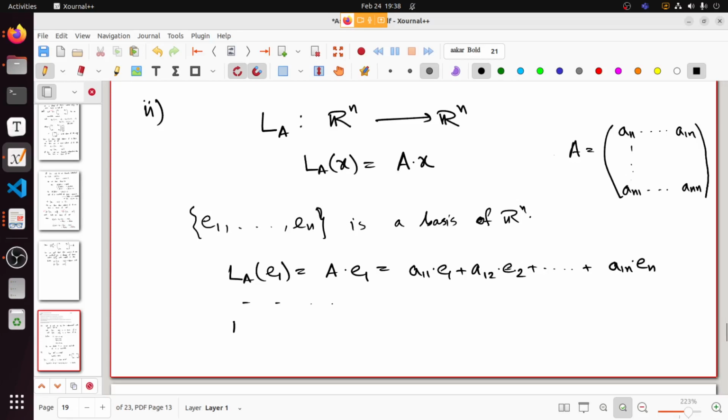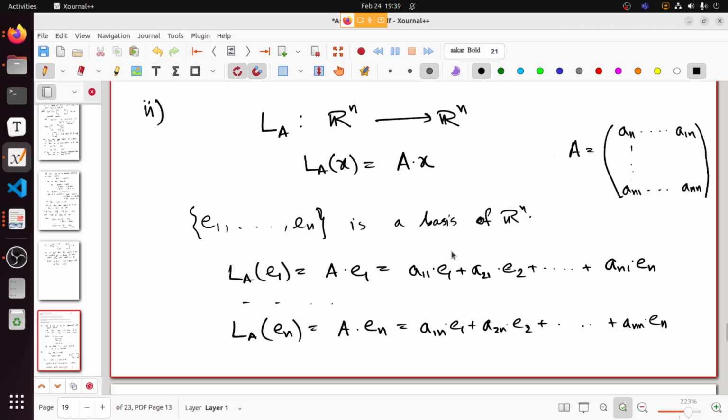Similarly, if you write LA of en, this will be A dot en, which is A1n e1 + A2n e2 + ... + Ann en.